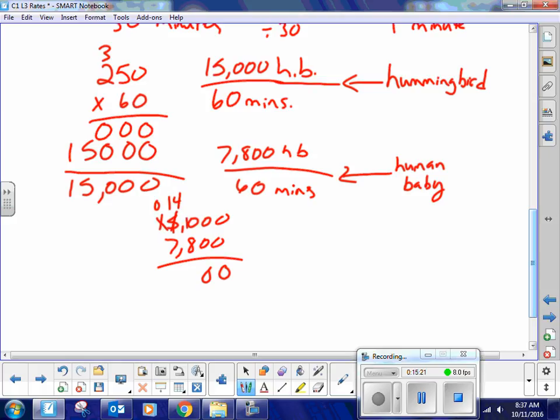That is 2, and that's 7. 7,200 heartbeats. So the hummingbird heartbeats 7,200 more times in 60 minutes than a baby. That wasn't too difficult. We had to do a little division, little multiplication, little subtraction, easy peasy.